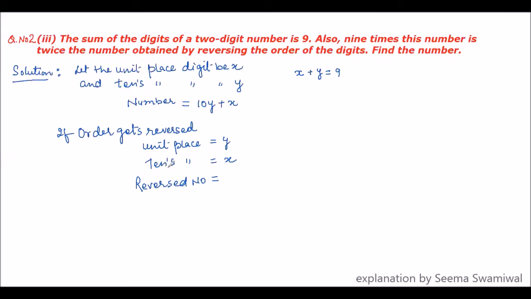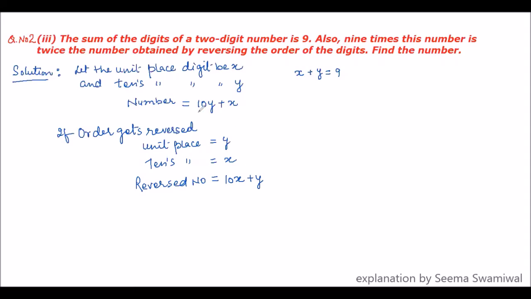Now the digit at tens place is x. So the digit at tens place will be multiplied by 10, and you will add the unit place digit to it. This is how we get the number. The digit at tens place gets multiplied by 10 and the unit place digit will be added to it.